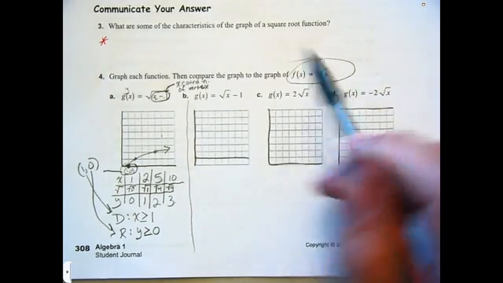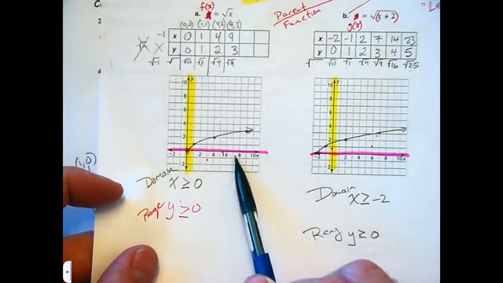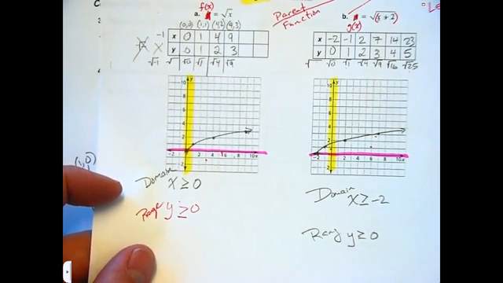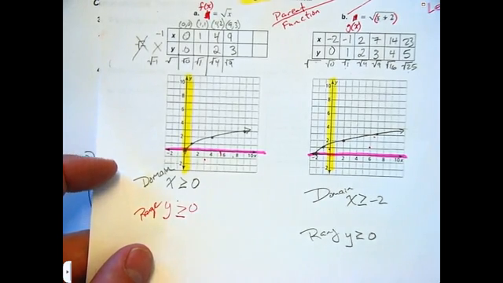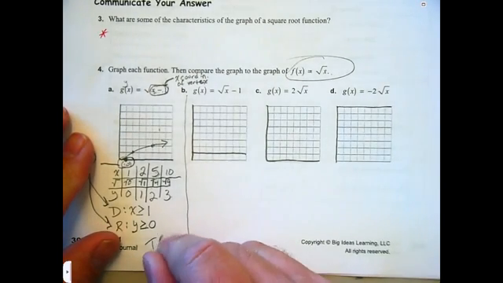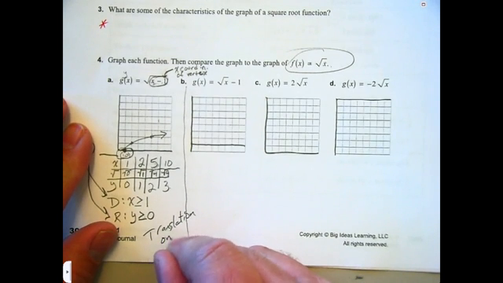Nope. How does this graph and that graph compare? Almost. Translation. This is a translation, 1 to the right.